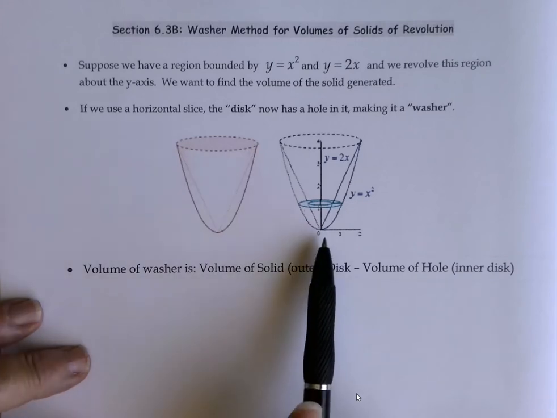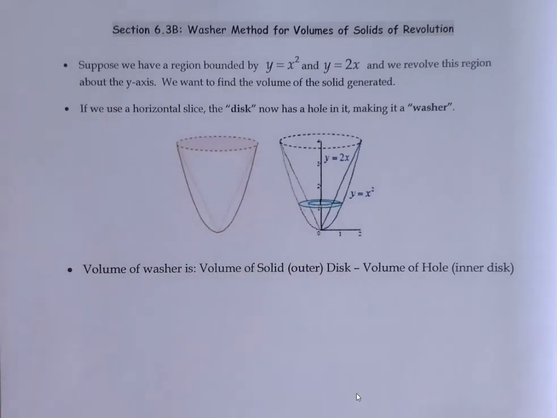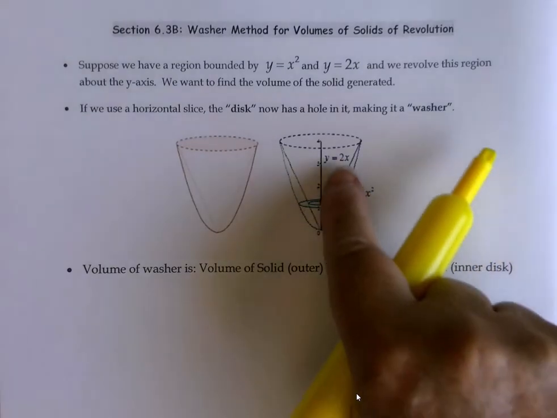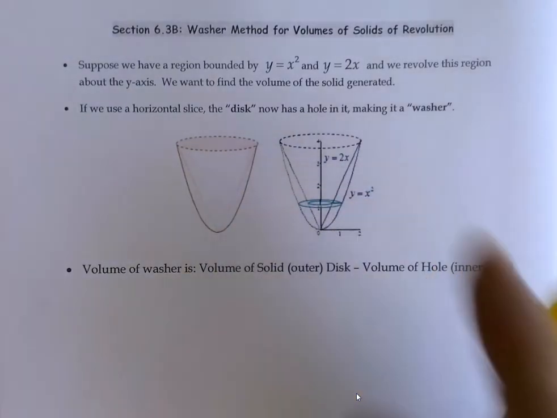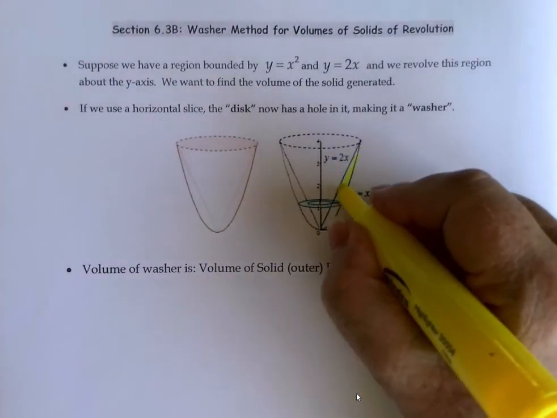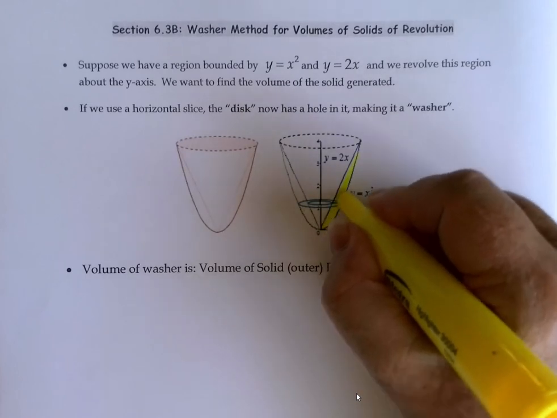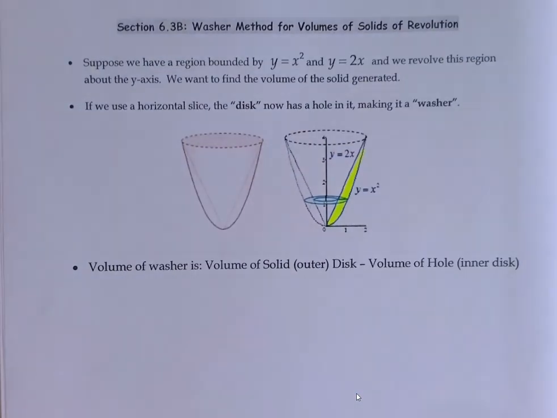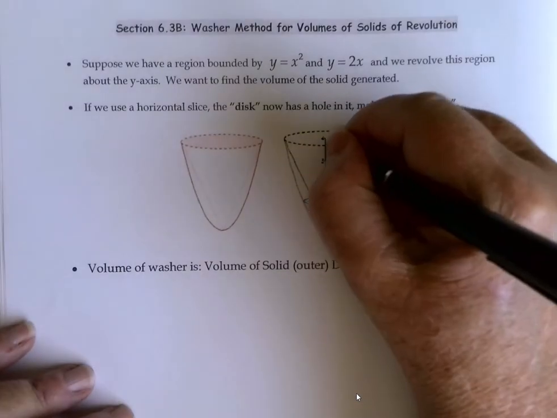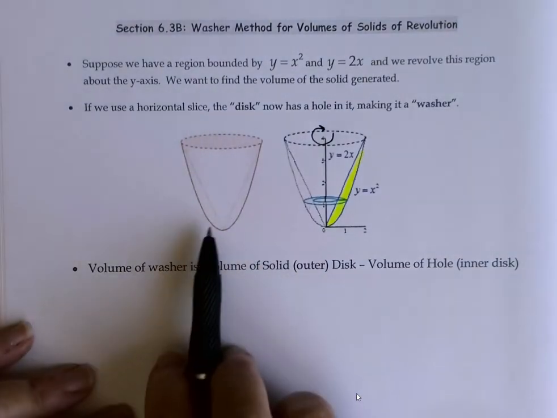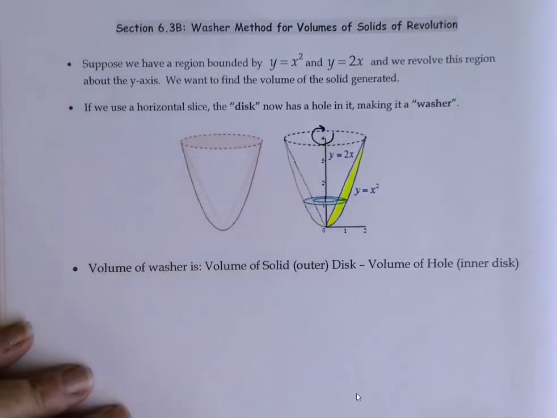Take a look at this as an example. The region that we started with was the region between y equals 2x and y equals x squared. So it was this region right here. It was then revolved around the y-axis, creating this shape here.